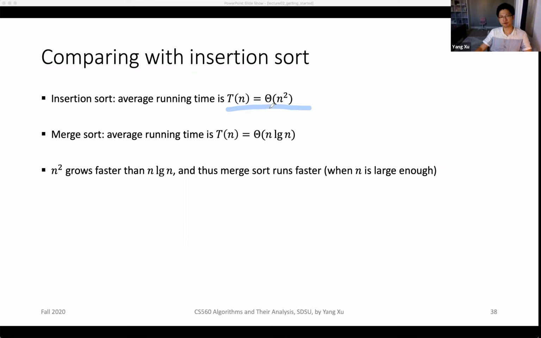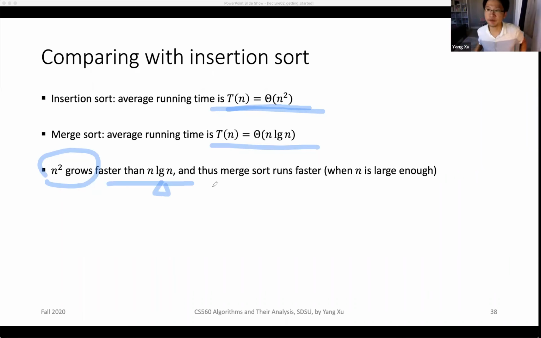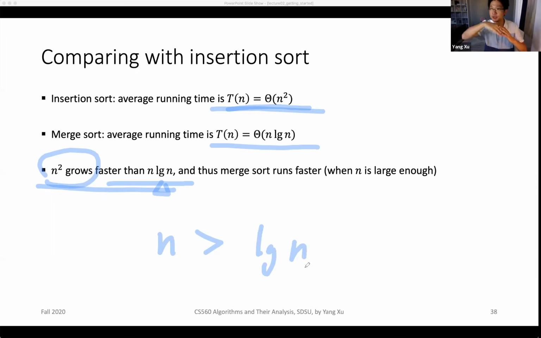So that's why the average case is also the same running time. And for merge sort, we know it's big theta of n times log n. And the quadratic function grows faster than n times log of n. So merge sort runs much faster, especially when n is large enough, the difference can be very salient, okay? And these facts also tell us that n grows faster than logarithm of n, right? Logarithm of n is a curve that never reaches the straight linear line.